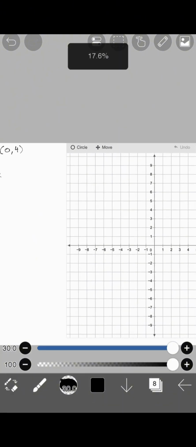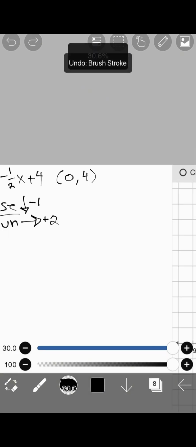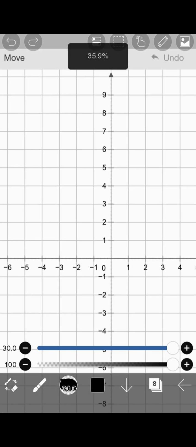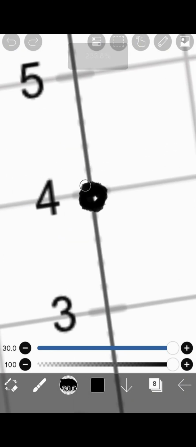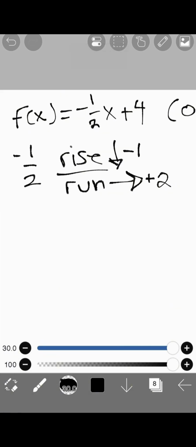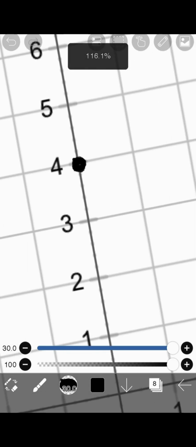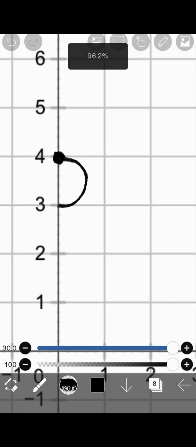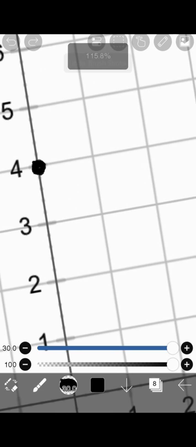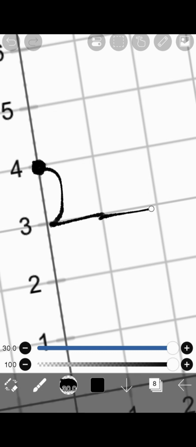Okay, so now we have our graph. This is our first pair that we will plot. So we have 0 and 4, which is here. Now, as we said, this is our rise over run. So it will go down once, and then it will move to the right 2 times. 1, and then 1, 2.